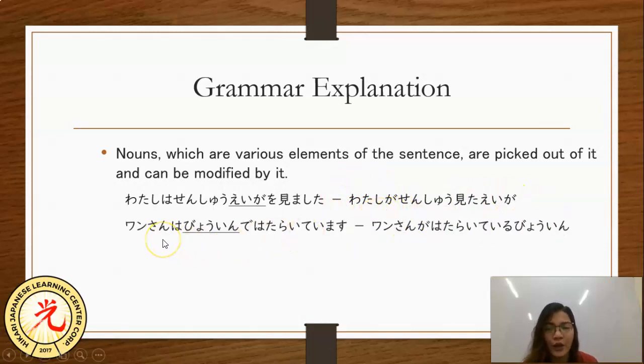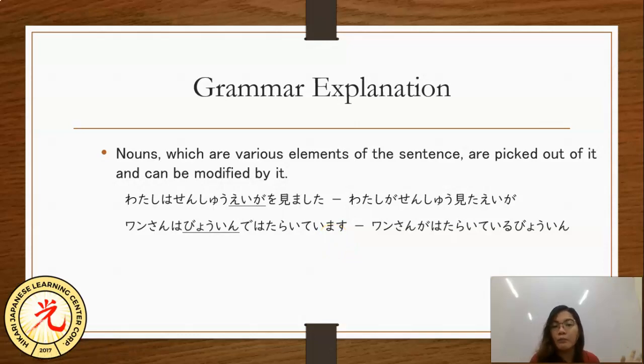Another, Juan-san wa byouin de hataraite imasu. So you can pick out of it and modify, making Juan-san ga hataraite iru byouin. So our first sentence here, Juan-san wa byouin de hataraite imasu. Si Juan ay nagtatrabaho sa hospital.